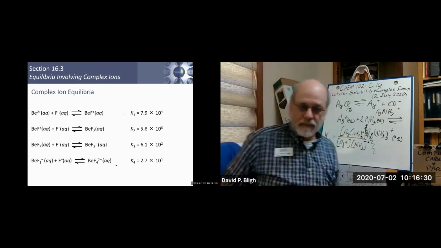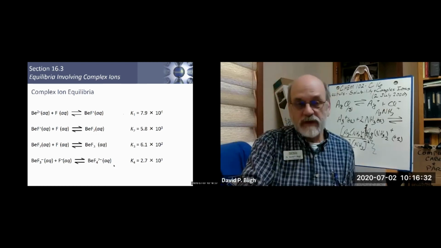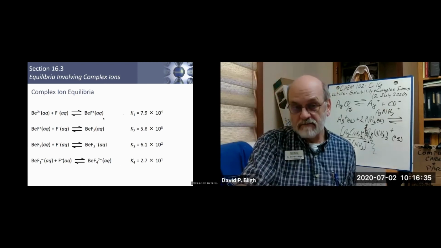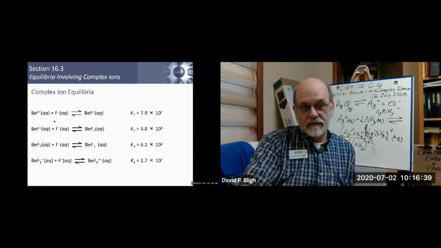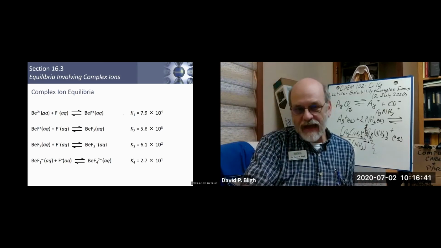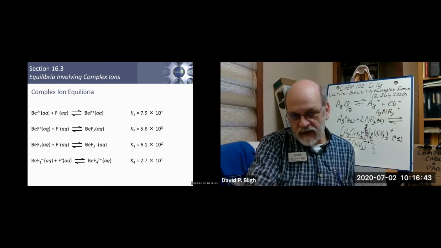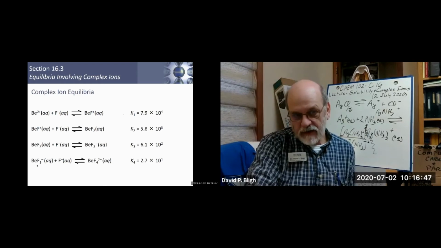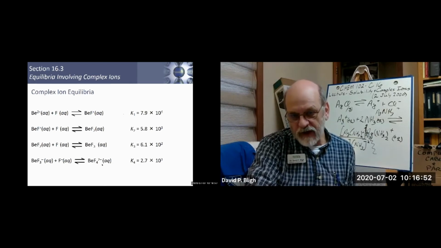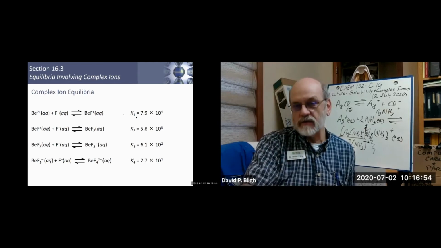Okay? And how would we combine these equations? We just use Hess's law. So if you add all these together, notice that this one cancels that one, and this one cancels that one, and this one cancels that one. So you have this one, 4 fluorides, and this as your product. And then what do we do with the K values?